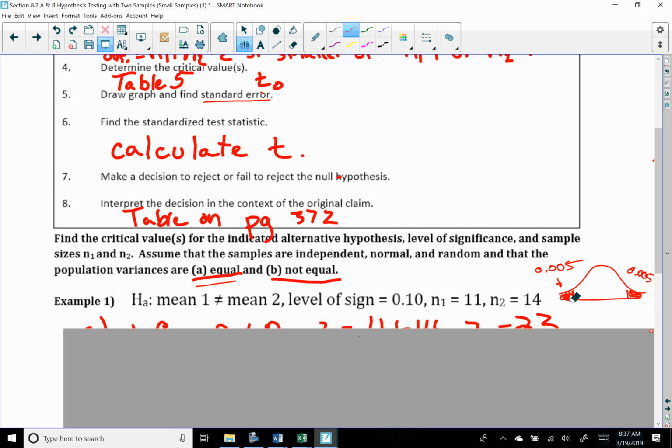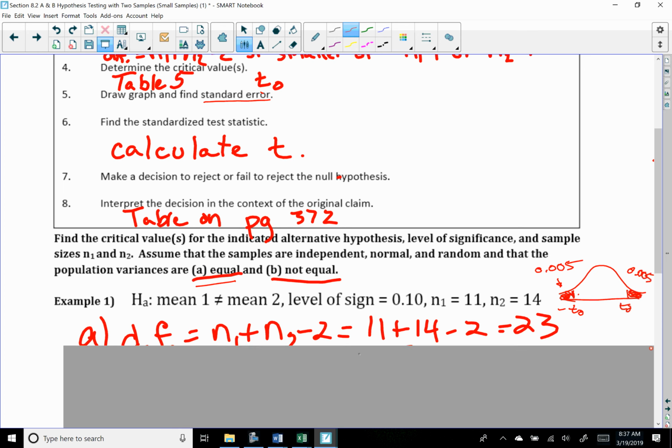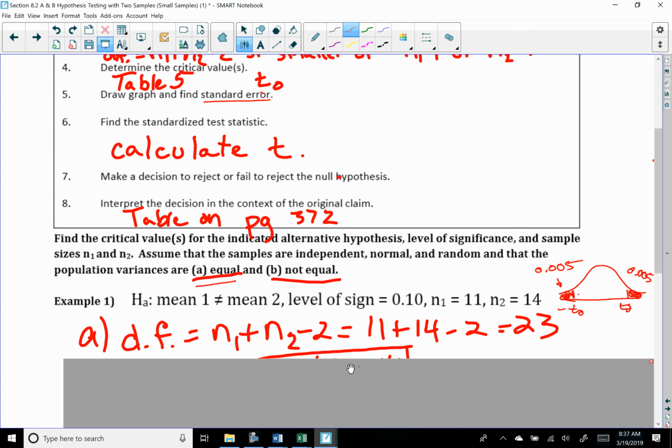And I can use the degrees of freedom and that area in the tail to find my critical value t naught. So it's going to be negative and positive, right? So degrees of freedom in this case, 11 plus 14 minus 2 is 23.